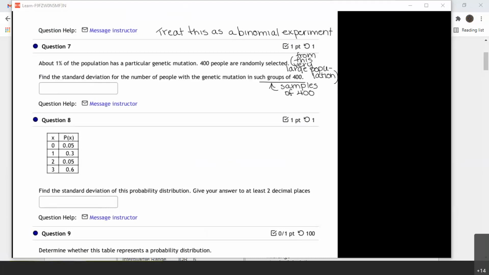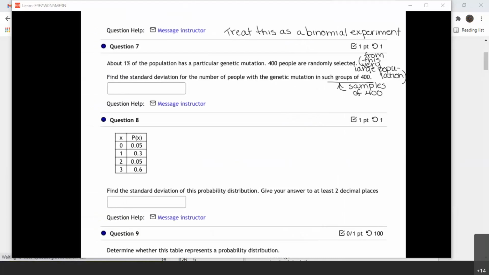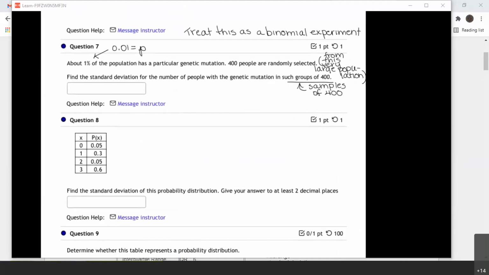So if I treat this as a binomial experiment, then this is my p, the probability of success. Success is picking someone with a mutation. Here's my n. And you might remember we had some formulas for the mean and the standard deviation of a binomial experiment like this.